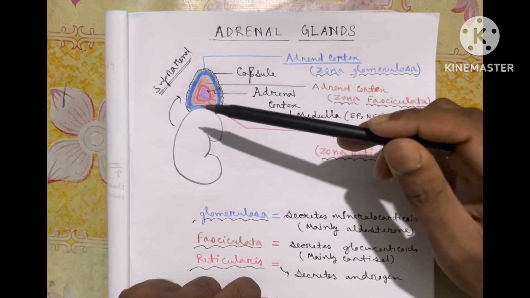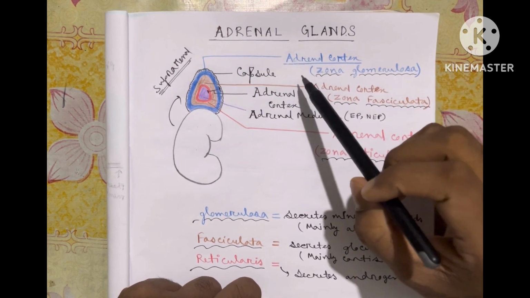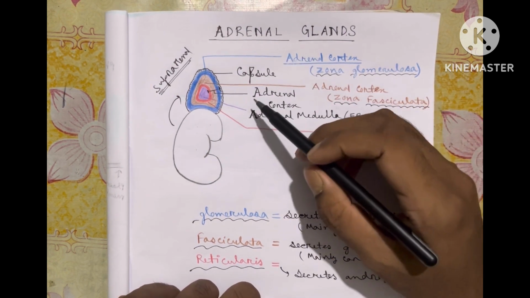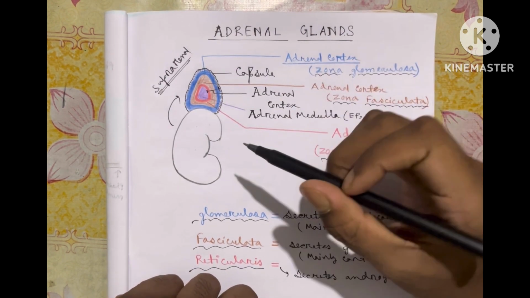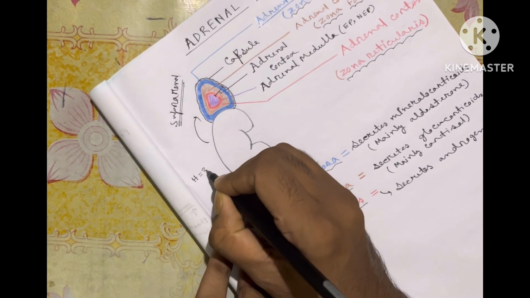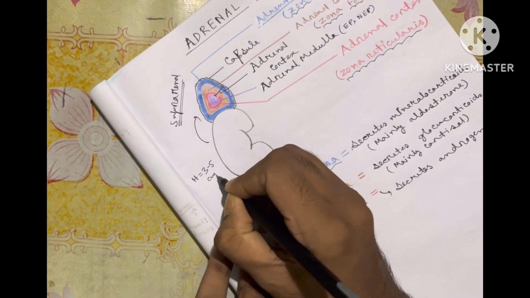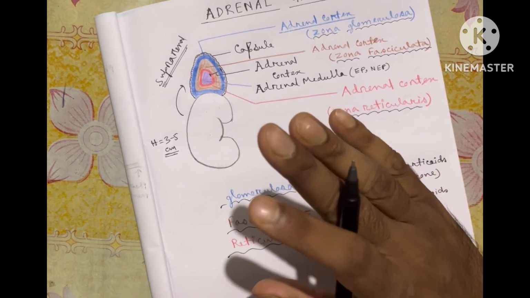In an adult, each adrenal gland is 3 to 5 centimeter in height. So this is the height, H, 3 to 5 centimeter in case of an adult.